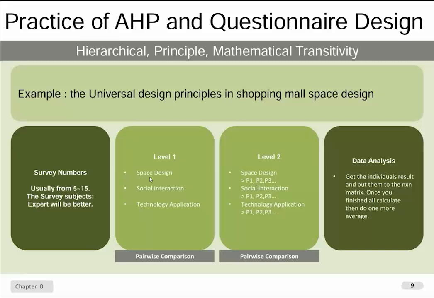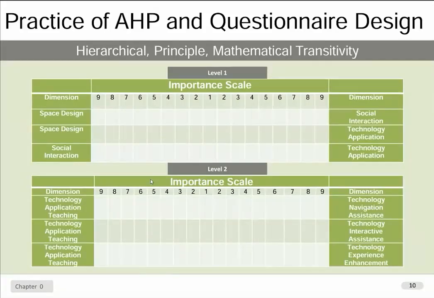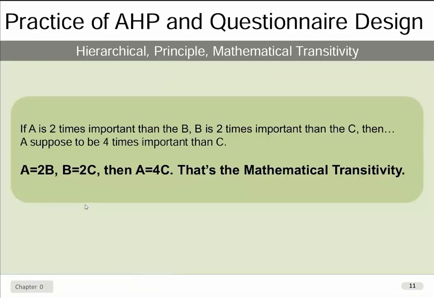Because sometimes, if you are a human being, when we are thinking about the mental feeling about importance, yeah, probably A is more important than B, B is more important than C, but it doesn't mean A is more important than C, right? That's the mental feeling. But inside AHP, in order to make a logical decision, you have to follow this order.